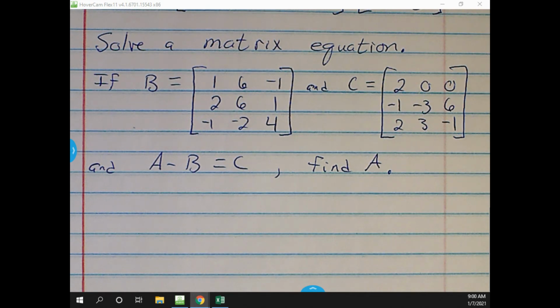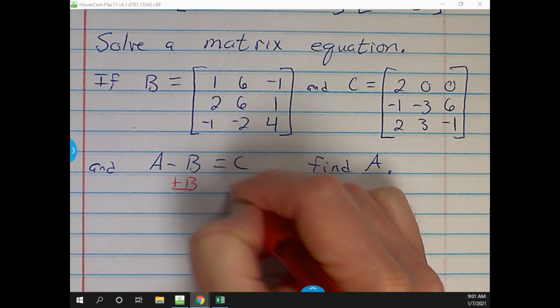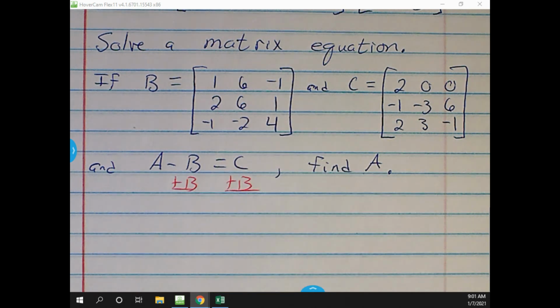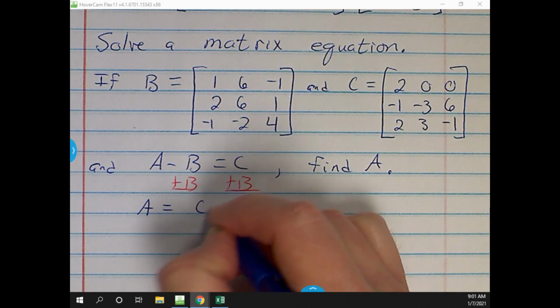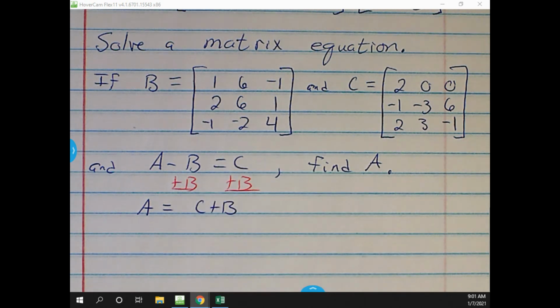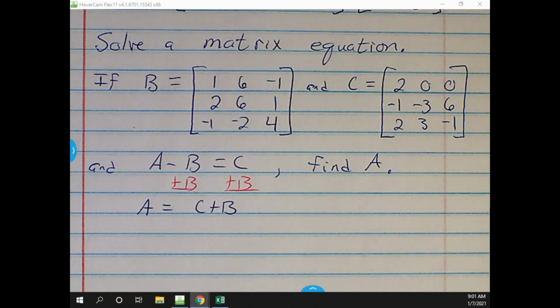You've got this equation that's here. You're basically trying to solve for A. So to get A by itself, you would just add B to both sides. So A would be equal to C plus B, which means, okay, to find out what A is, we just got to take matrix C, add it to matrix B, and then we've got what we're looking for, A.